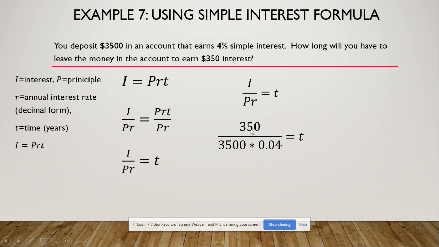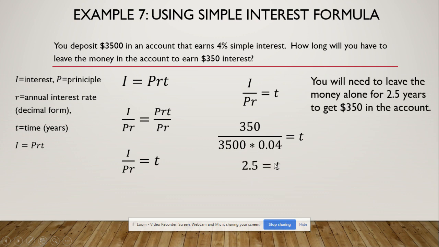We can go ahead and simplify that, and we see that it took 2.5 years to get $350 in interest. Get a word problem, get a word answer. You will need to leave the money alone for 2.5 years to get $350 in that account in interest.